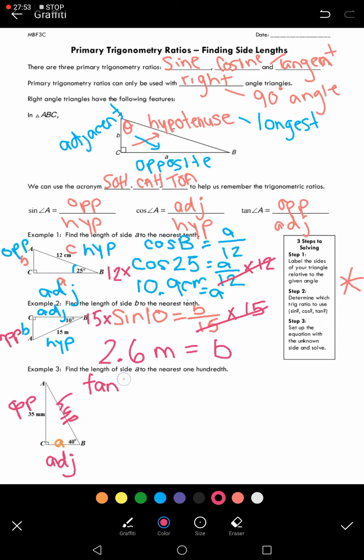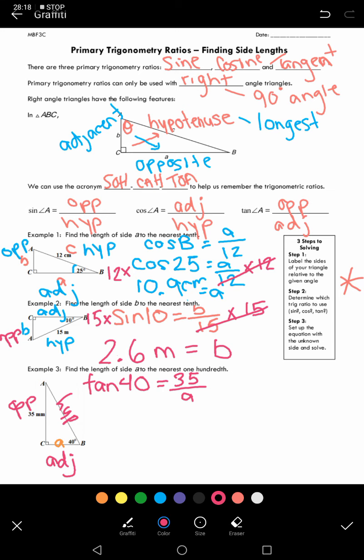So we have tan 40 equal to opposite over adjacent. My opposite is 35, and my adjacent is simply A. This one looks a bit different than before, because we now have the 35 on top instead of on the bottom.